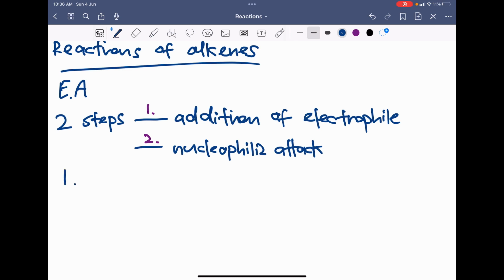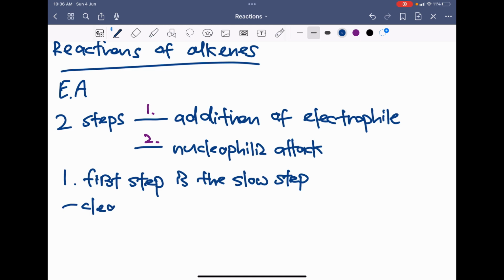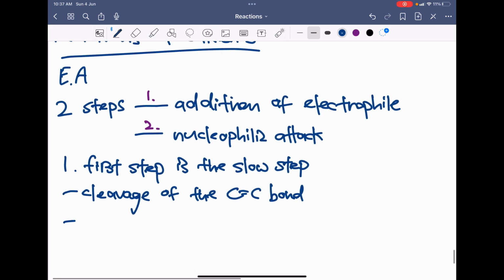Number one, the first step is the slow step, because this involves the cleavage of the double bond. So this double bond is broken. And there's also the heterolytic fission of whatever you're adding to it.